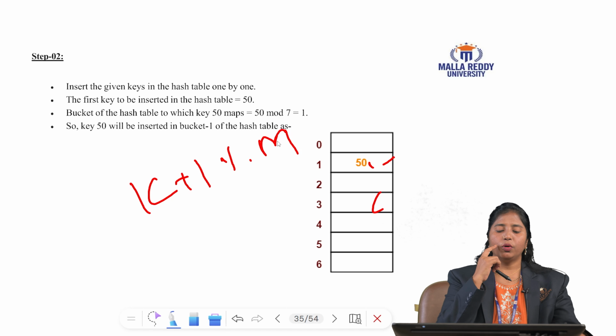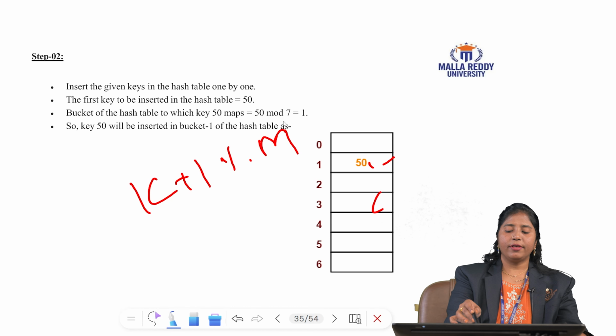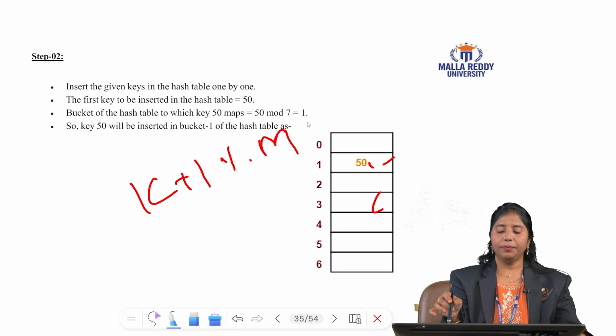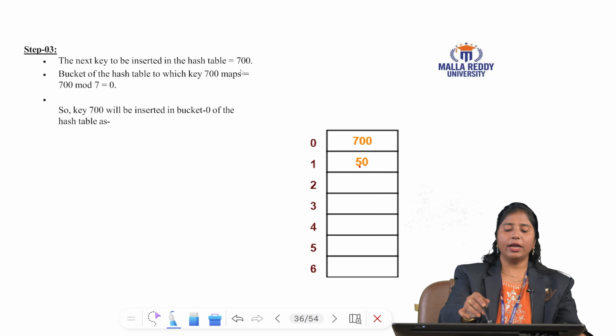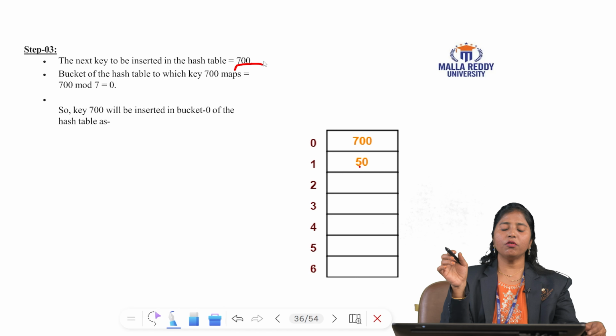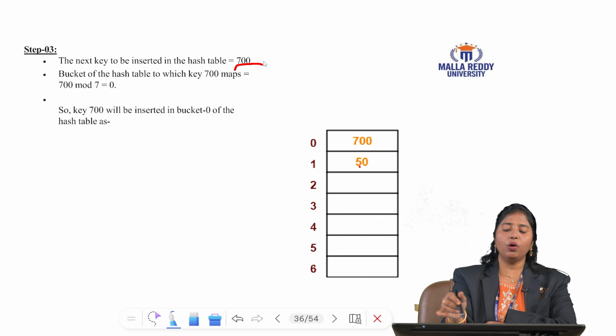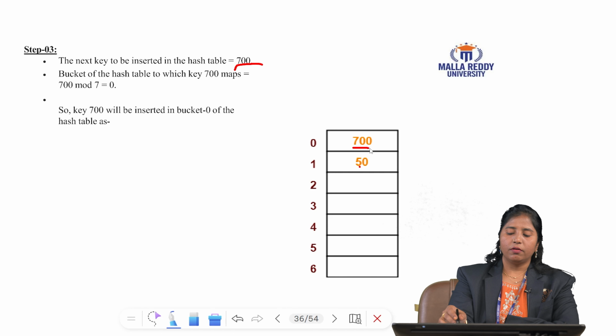The first element we have taken is 50, the hash table size is 7, 50 mod 7 is 1. First place, 50 is stored here, and the second element we have taken is 700. So 700 mod 7 means 0. So at the 0th place we store 700.